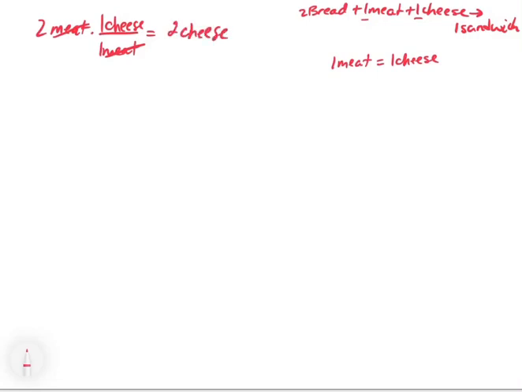Now let's do one where we have not a 1-to-1 ratio. For every 1 meat, that's going to equal 2 breads. So we have another unit conversion. We can then say for every 2 meat, we put 1 meat on the bottom, and we can put 2 bread on top. So this is going to give us 4 slices of bread.